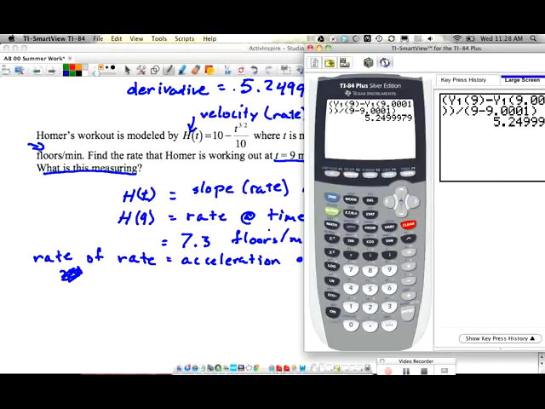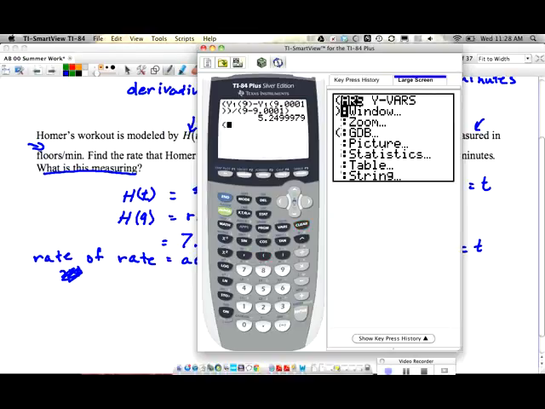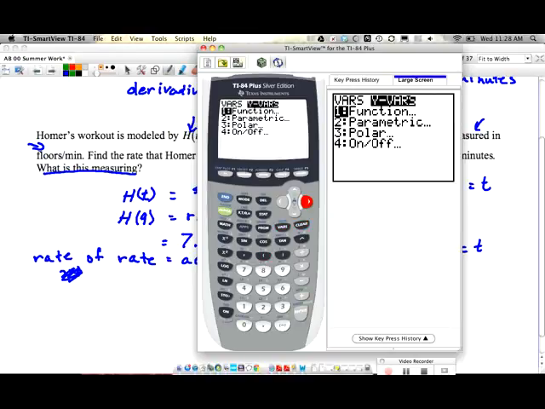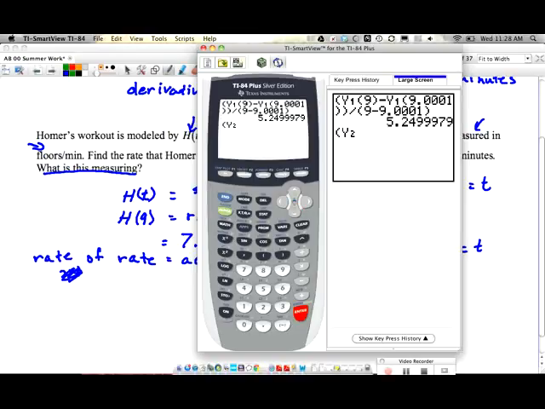We have to go to vars. Whoops, not tangent. What am I pressing? Clear. I want vars. Now remember, Homer is not the first one. He's the second one. So we're going to click on Y2. We want again around time equals 9. We're going to subtract y2 of 9.0001.